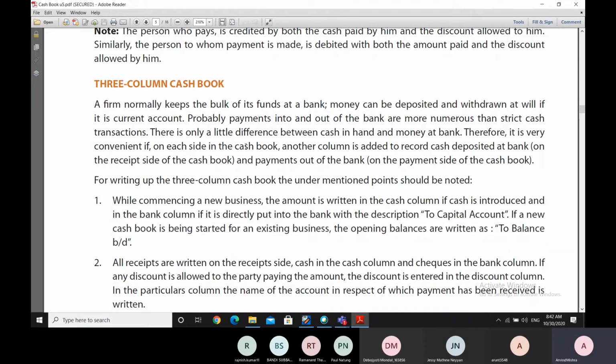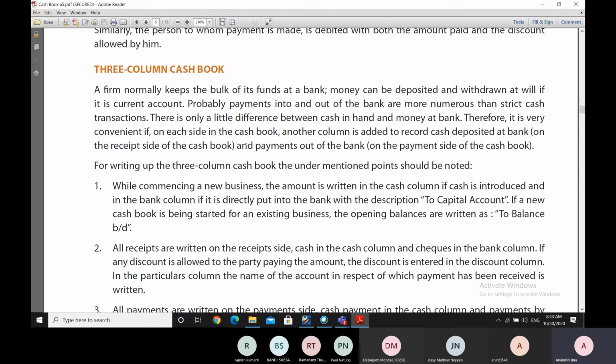So even compared to the cash transactions, sometimes we can say that payments made into the bank and out of the bank may be too numerous compared with the cash transactions also. So there is hardly any difference between cash in hand or money at bank, because numerous transactions are done through the bank account and numerous transactions are done through the cash account also.